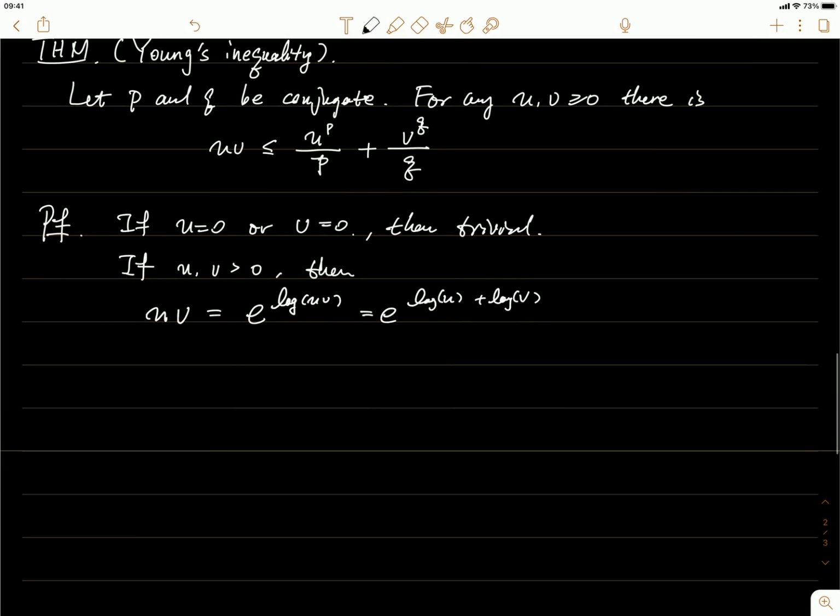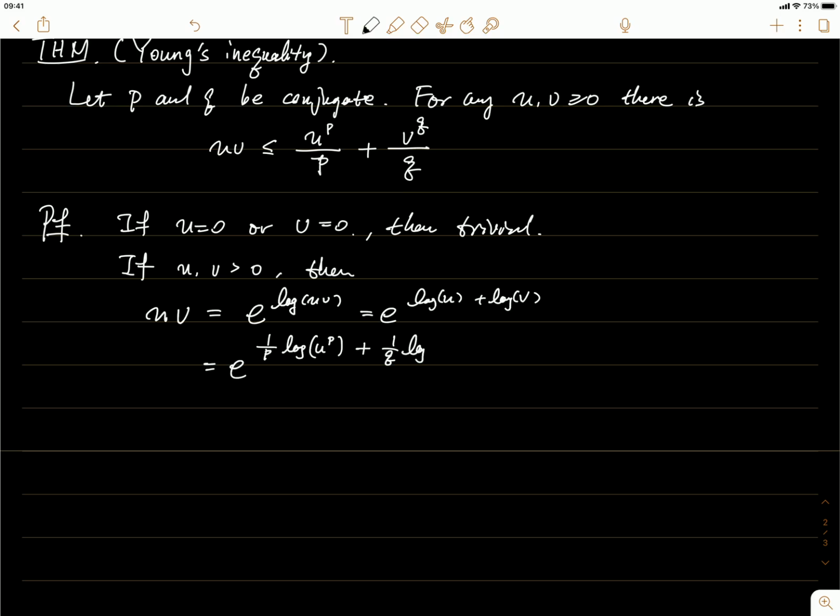All right, and then I can take the 1 over p times the log of u to the power p. Remember that u and v are positive, so I can put it in the log. And I put p's power on u, and this p's power can be moved out and cancel with the p outside, right? So I didn't really change anything.